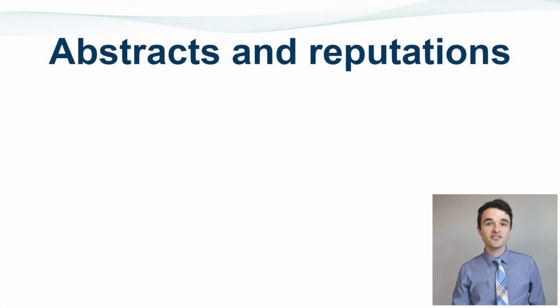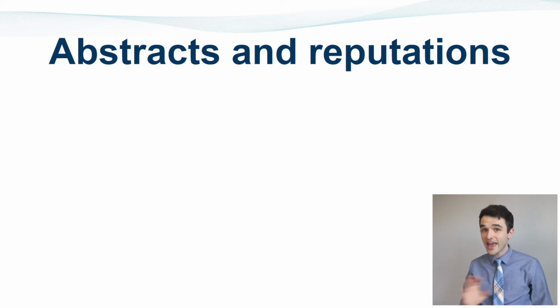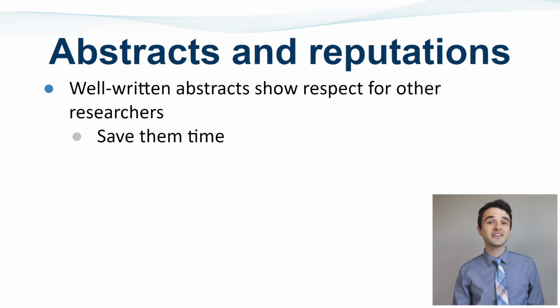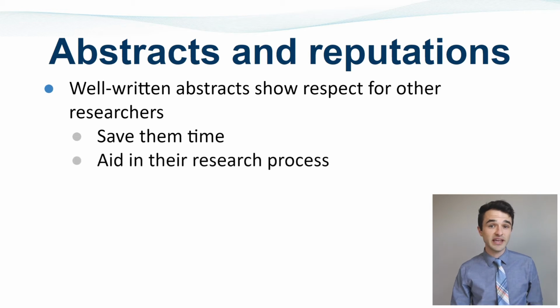Okay, let's talk about abstracts and reputations. If you want to have a good career in academia, you need to respect other academics in everything you do. Well-written abstracts show respect for other researchers because you will be saving them time by providing them with clear and concise information, and this will aid in their research process.